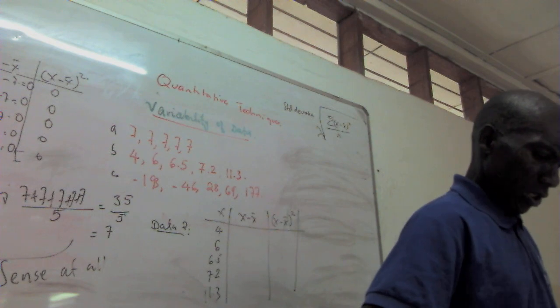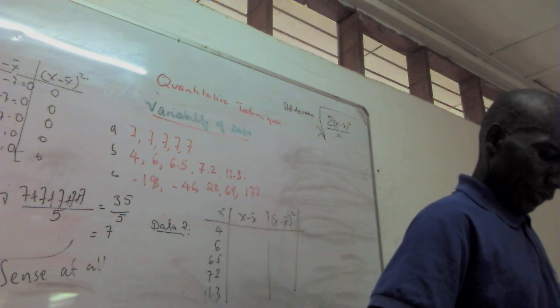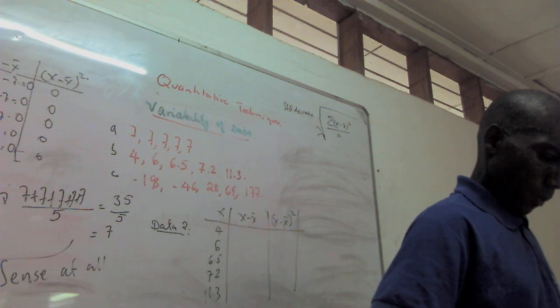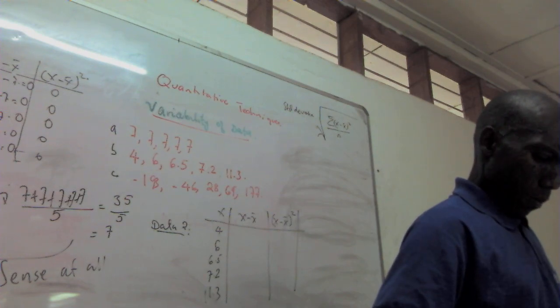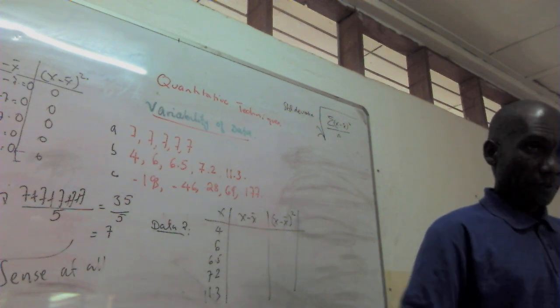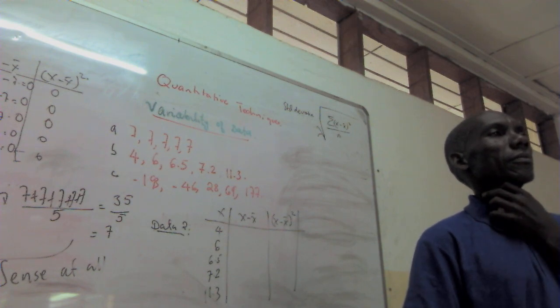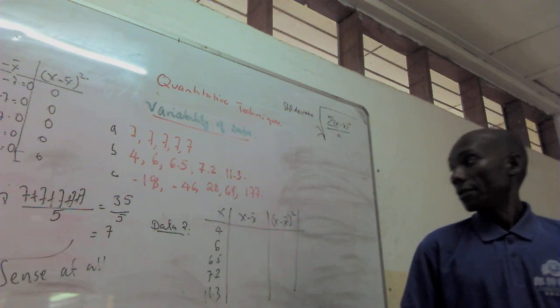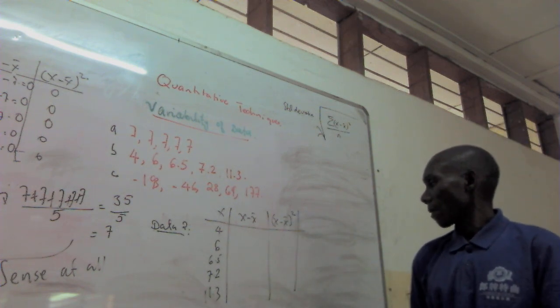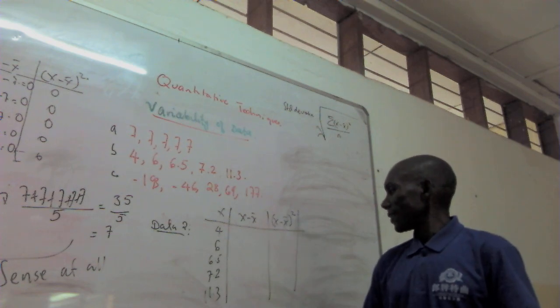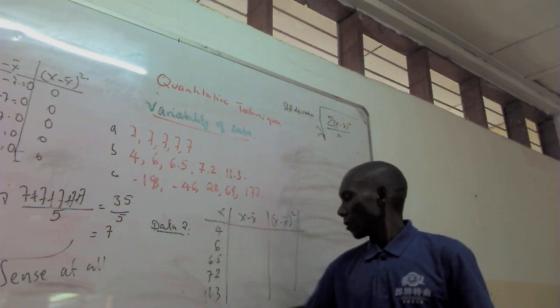So add the numbers and divide by how many there are.